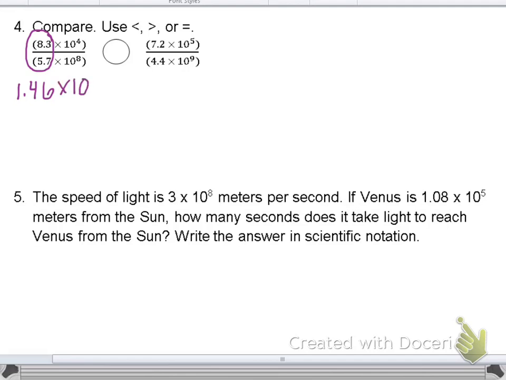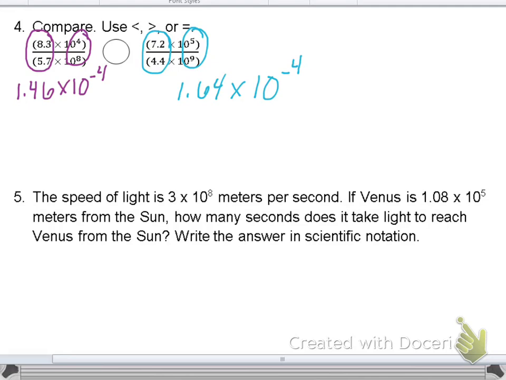And 4 minus 8, so we're subtracting the exponents, is negative 4. On the other side, 7.2 divided by 4.4 is 1.64. And 5 minus 9 is negative 4.